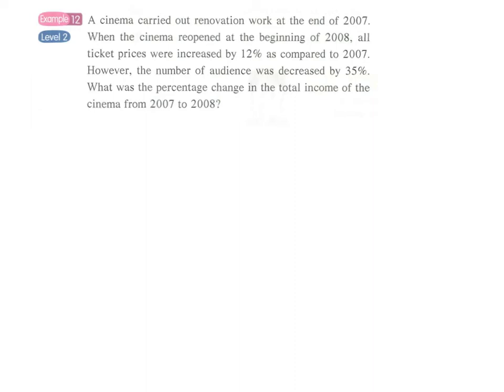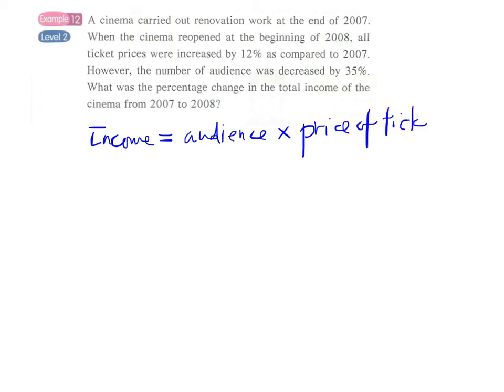We can see that the income of the cinema comes from the sales of cinema tickets. This number will be the total number of audience times the price of the ticket, and this will be the total income of the cinema.